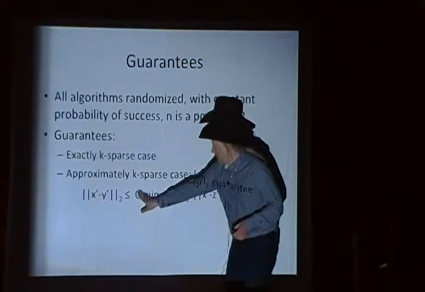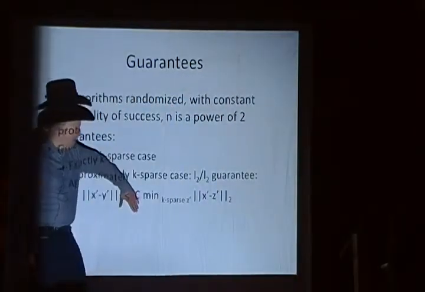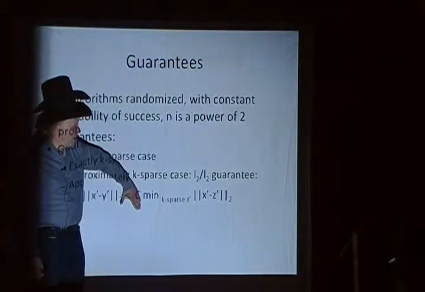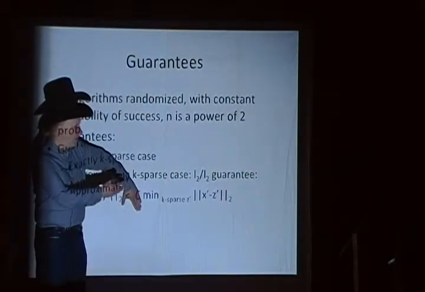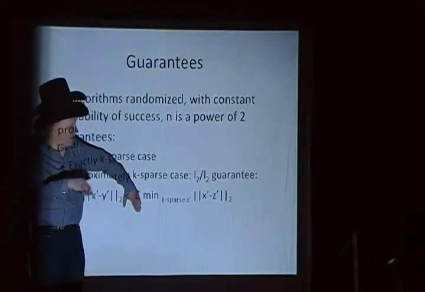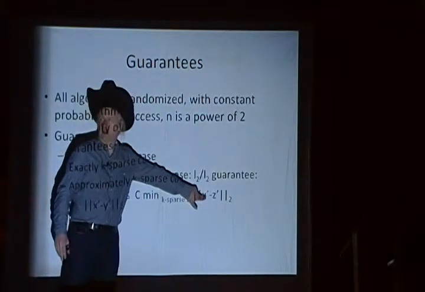So this formula here, except for C, is really a complicated way of saying that this is the norm of all but the k largest frequencies of your signal.